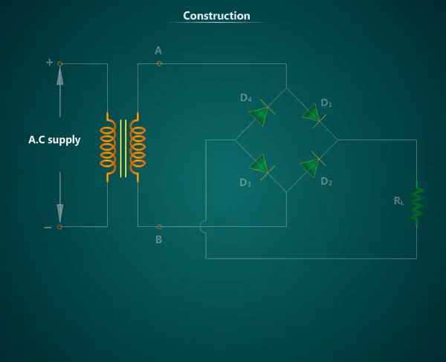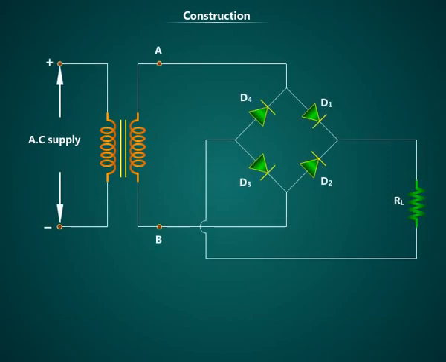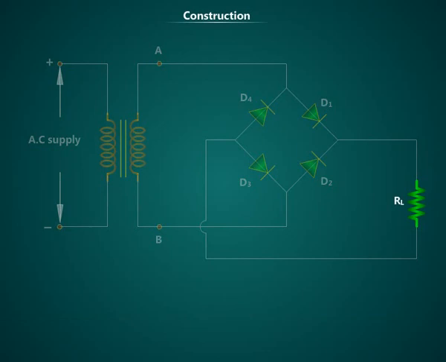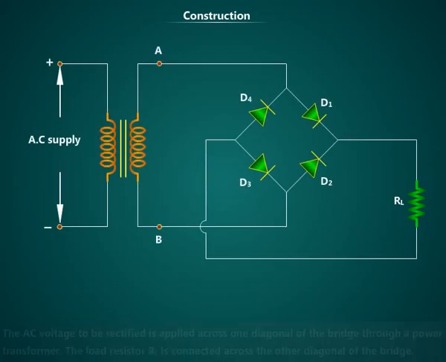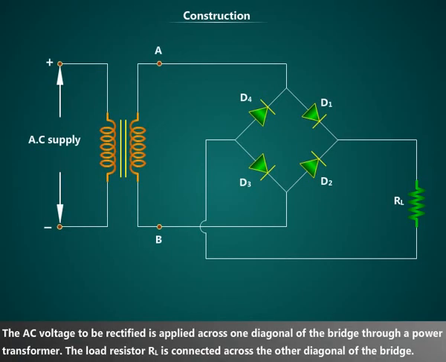Bridge rectifier consists of the transformer core, semiconductor diodes and a load resistor RL. The AC voltage to be rectified is applied across one diagonal of the bridge through a power transformer. The load resistor RL is connected across the other diagonal of the bridge.